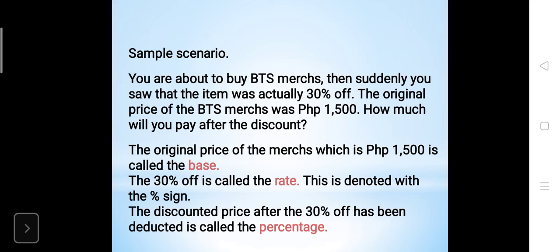Since we have 1,500 as the base and we also have the 30% off discount, which is the rate, we are missing the P or the percentage. Get it? Grade 5? Are we clear with that? Yes, okay. So we are going to find out the percentage.